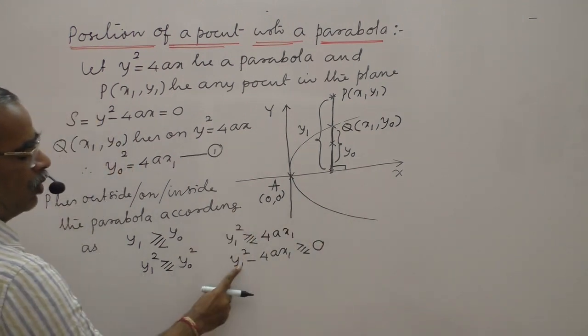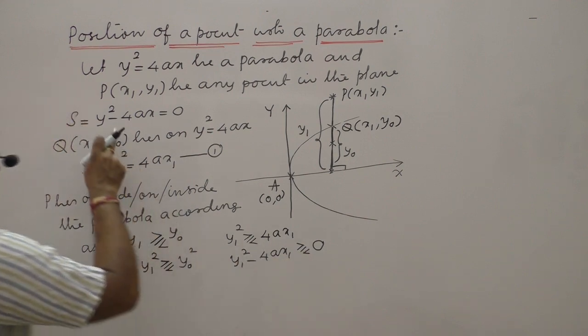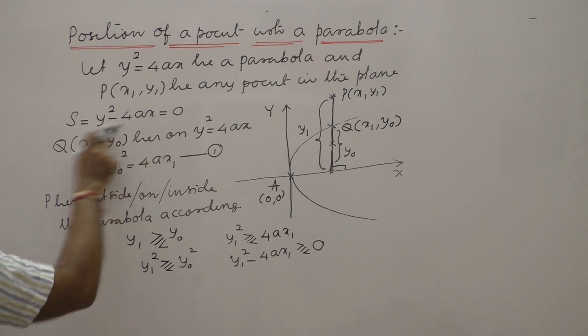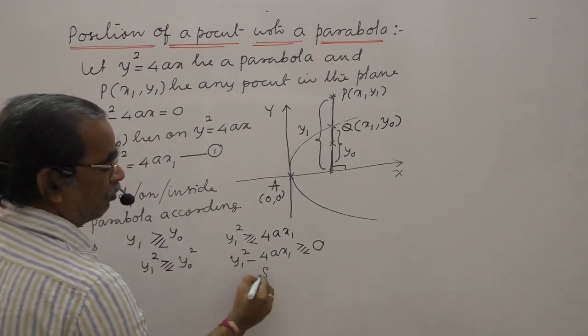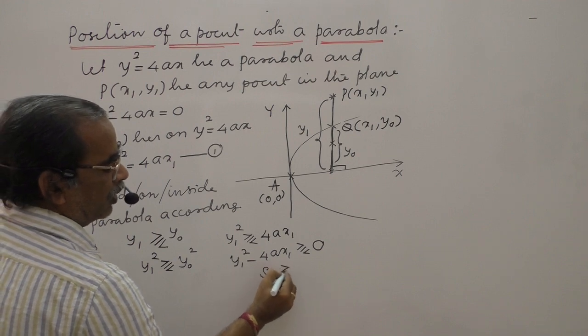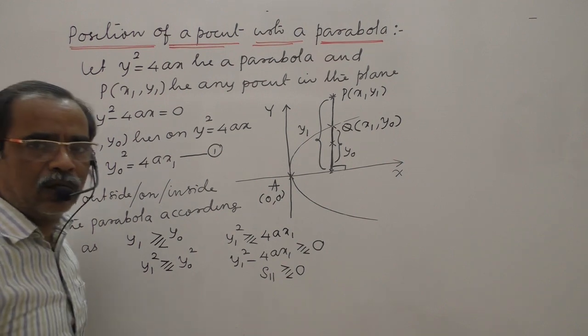We have denoted the curve by S, no? For this curve, y₁² − 4ax₁ will be S₁₁. So S₁₁ is greater than, equal to, or less than 0.